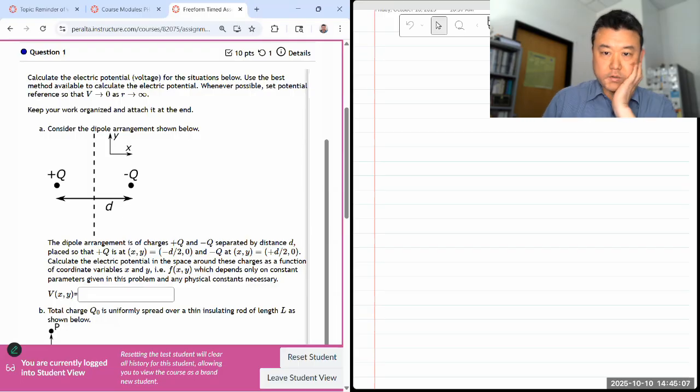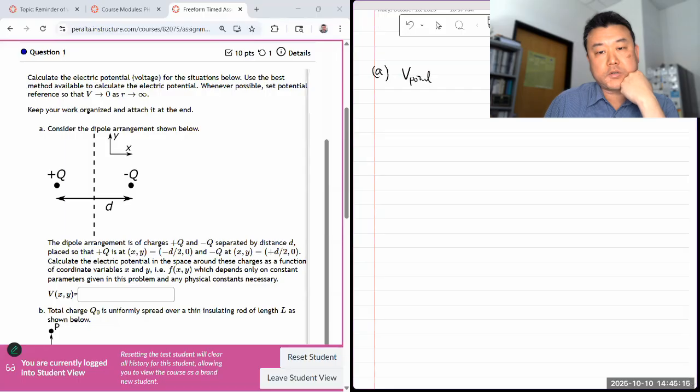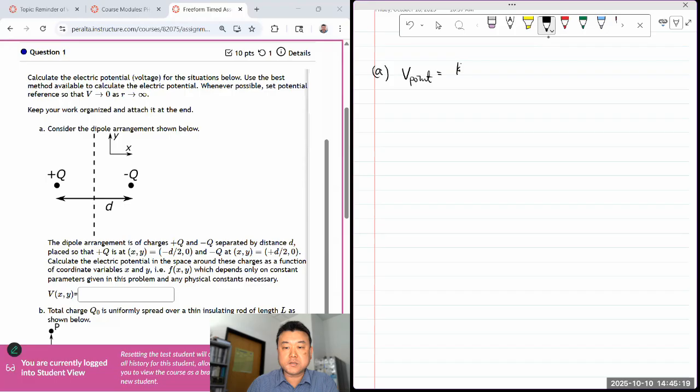So this is my thought process. I'm going to use the fact that I know the electric potential of a point charge. It's given as a Coulomb constant times the amount of charge divided by r. Scalar. It's not a vector. Potential is so much easier to work with.